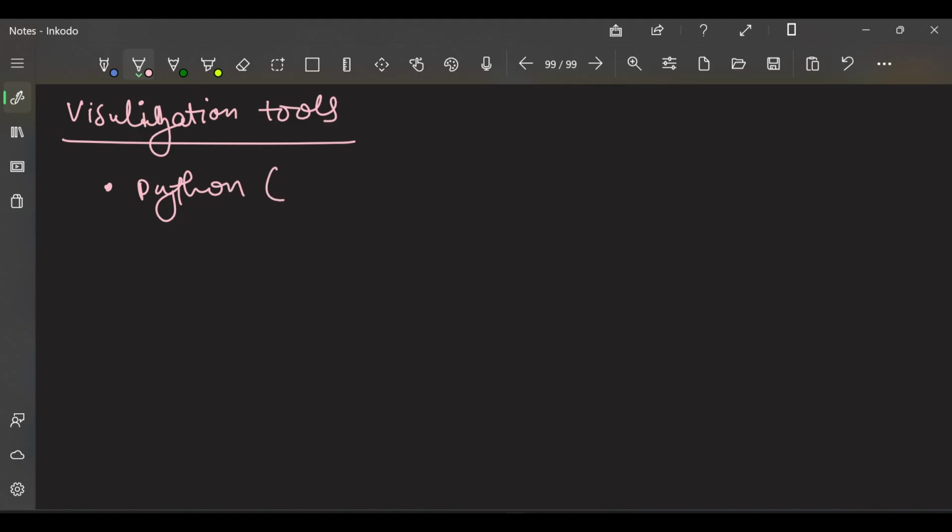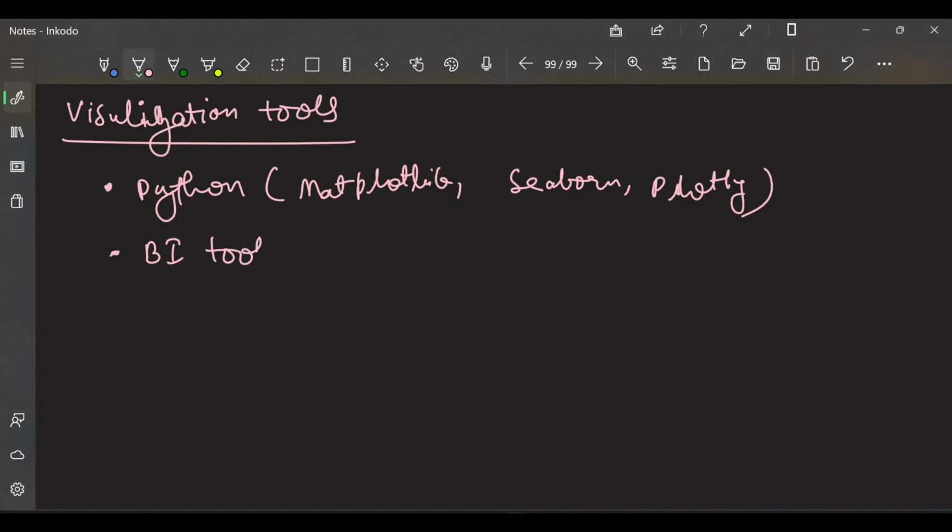In Python there are many libraries like Matplotlib and Seaborn or Plotly. And in the BI tools, there are Power BI and Tableau.